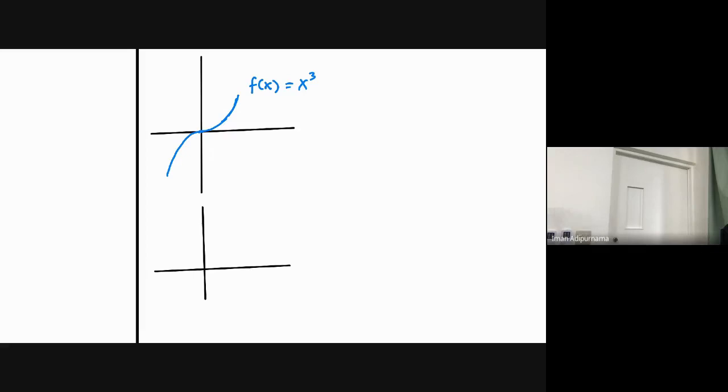How do we determine the f prime from this graph?